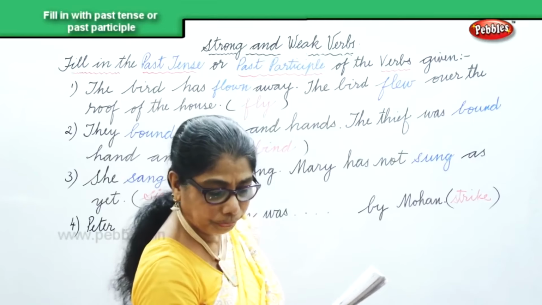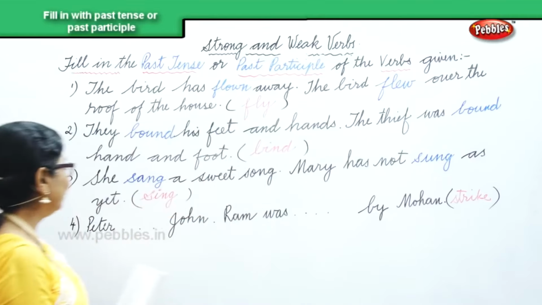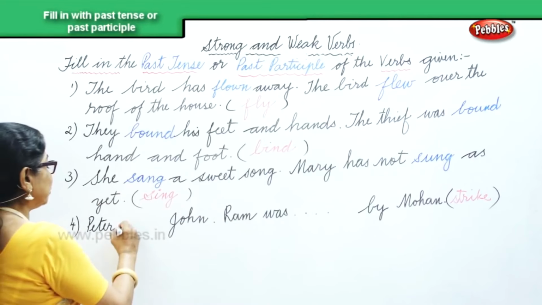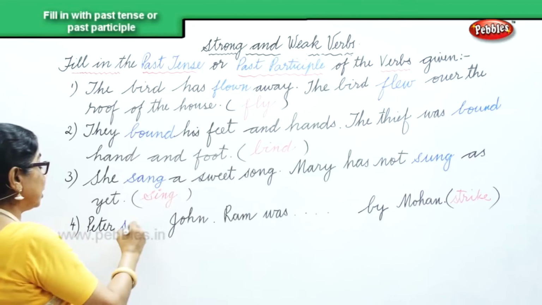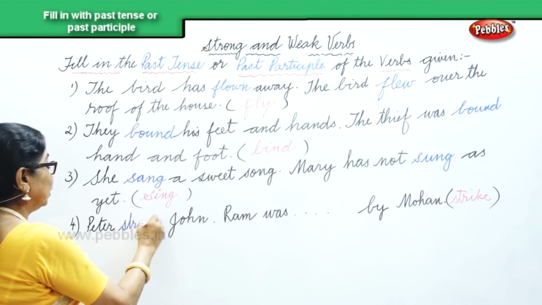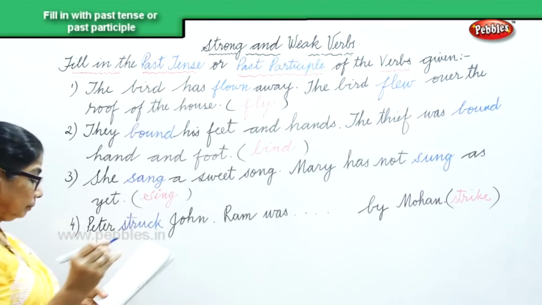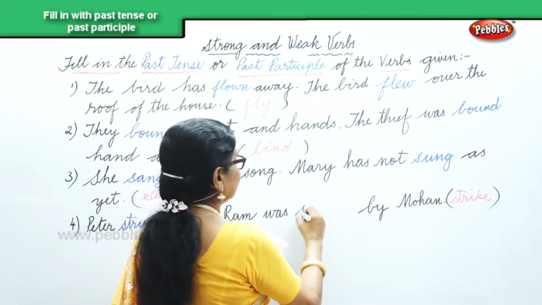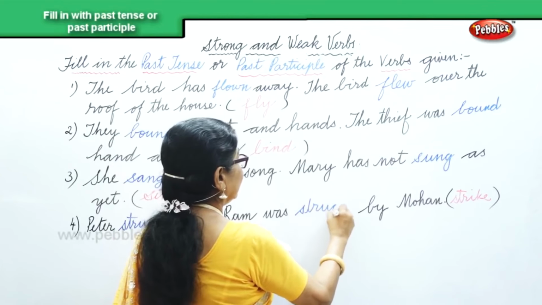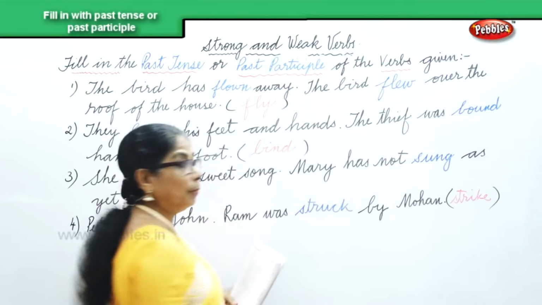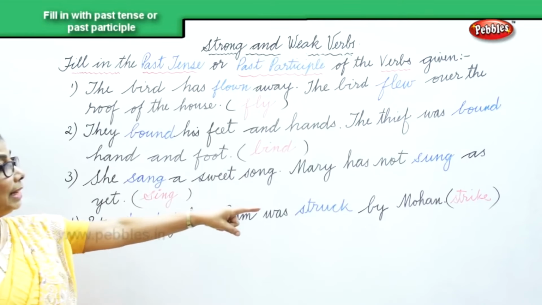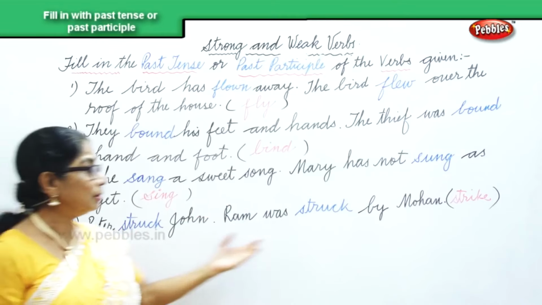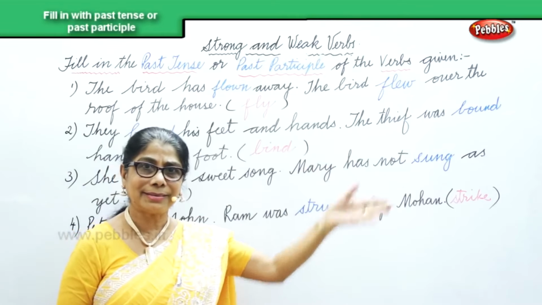So here you have Peter struck John. Ram was struck by Mohan. So, present tense strike, past and past participle struck.